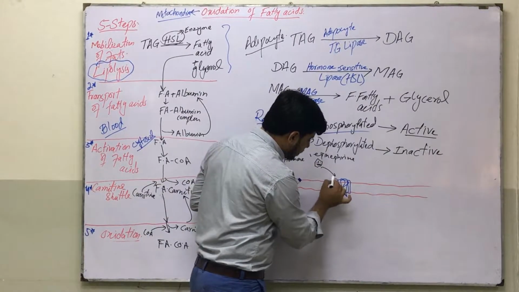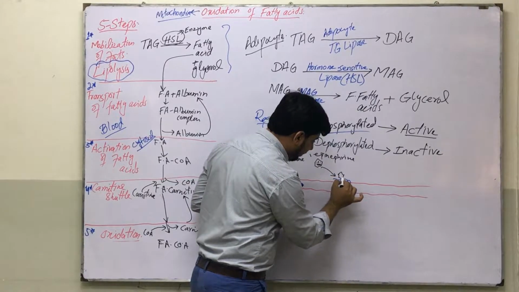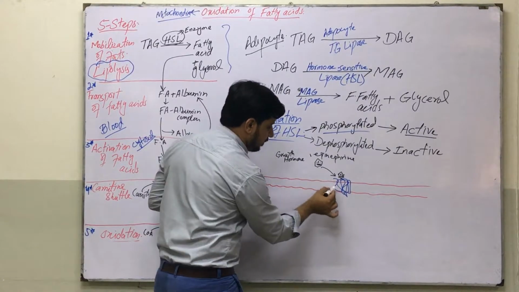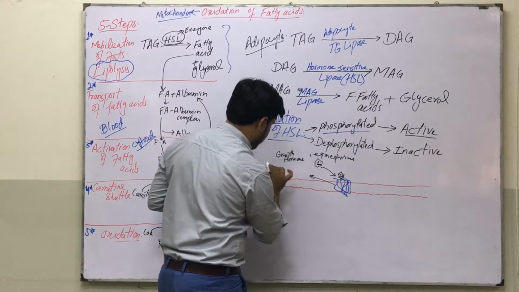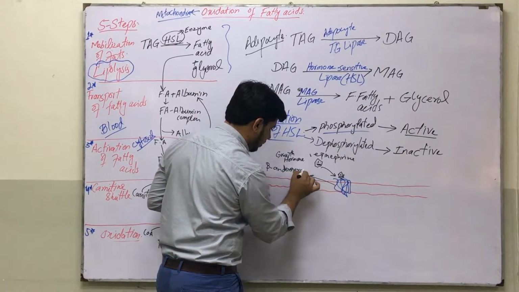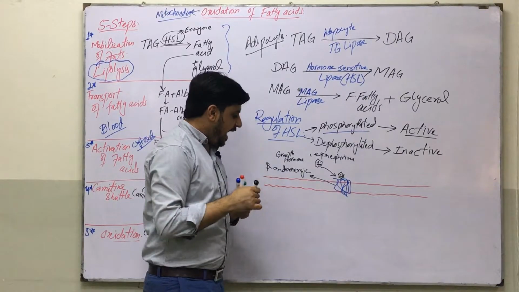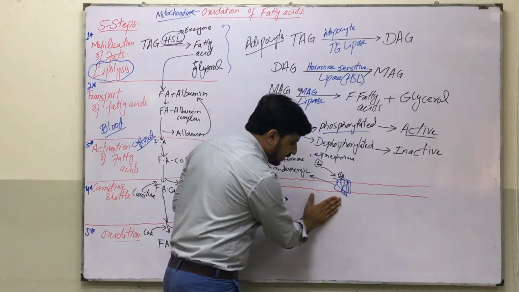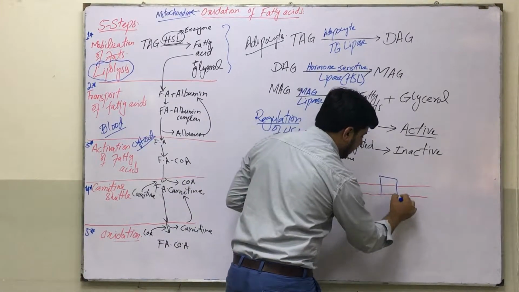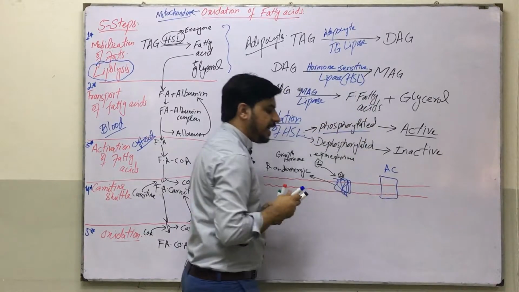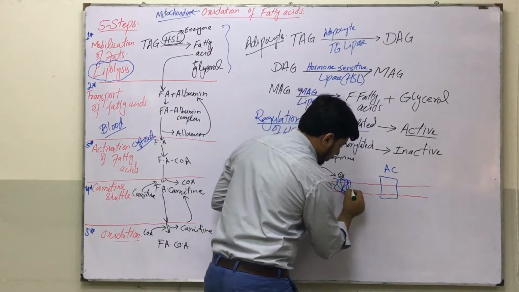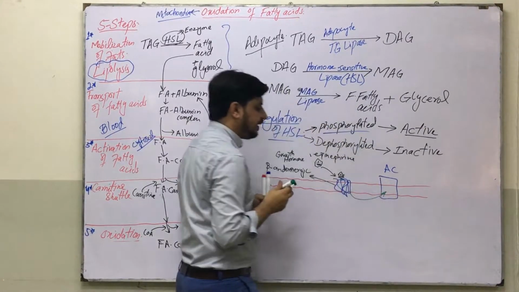When they become attached to this receptor, and usually the receptor involved is the beta adrenergic receptor, after being attached to this receptor, when this receptor becomes active, it will activate another molecule which is usually named as adenylate cyclase.